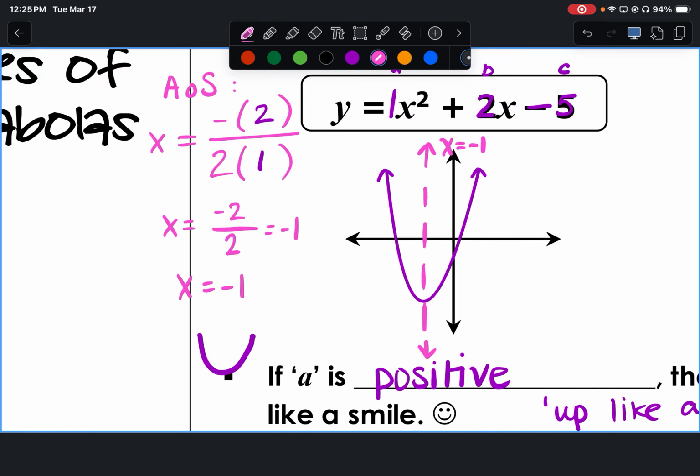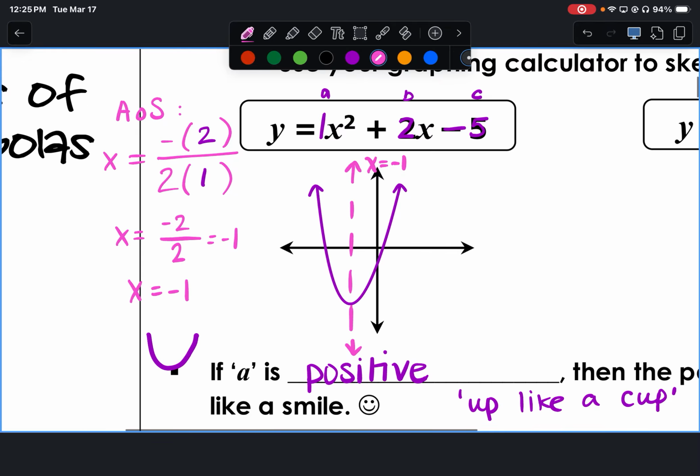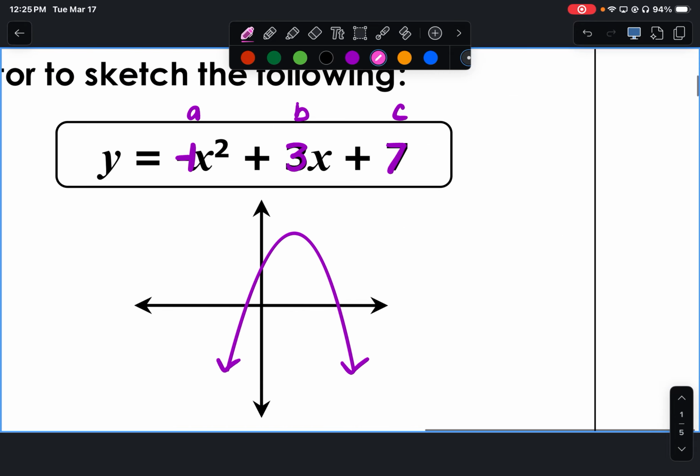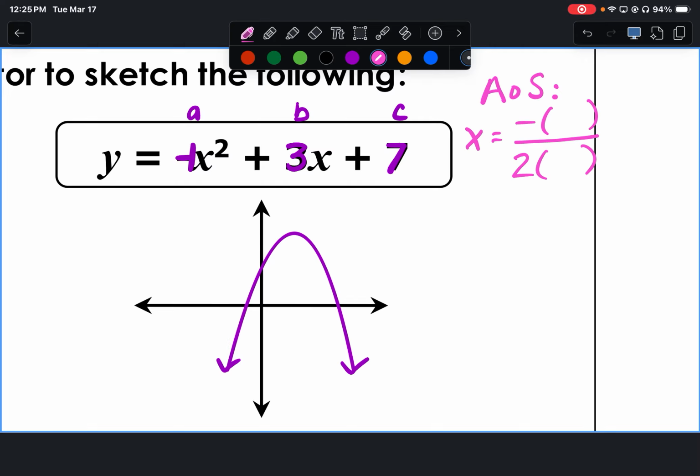So we're going to do the same thing for that second example. Okay, so over here, let's also find our axis of symmetry. So we're going to do x is equal to negative b over 2a. What is our b we need to plug in for the second one? What is our a we need to plug in? So what's our numerator going to be?